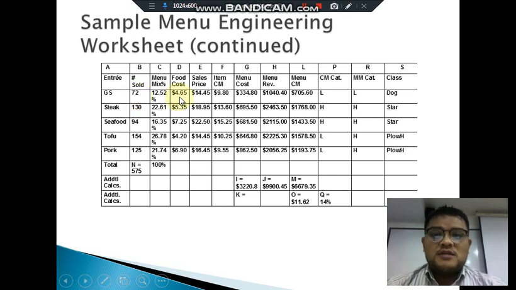One food cost is $4.65, so you multiply $4.65 by 72 and you will get the answer 334.8. That is the total menu cost to produce 72 GS. So that is very easy. Menu cost means the total cost of producing that item. That is column G. Guys, I see you in the second video.